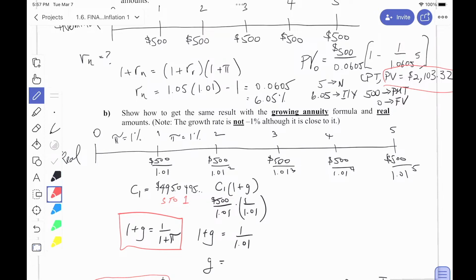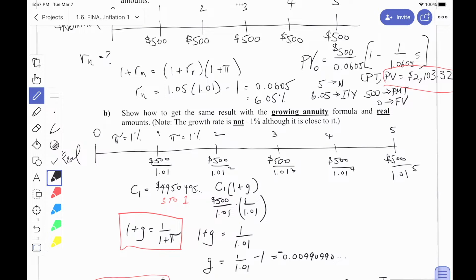So solving for this, what do you get? So you get negative, almost -1.